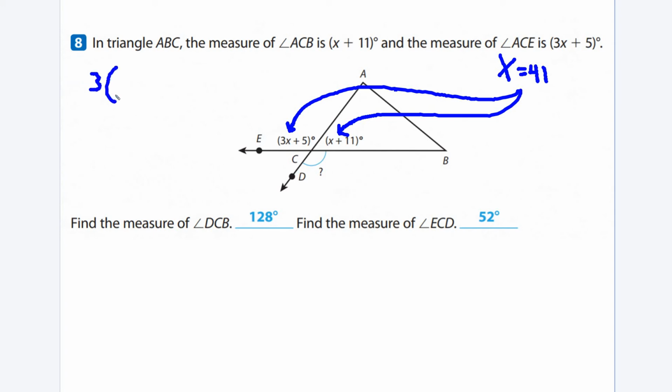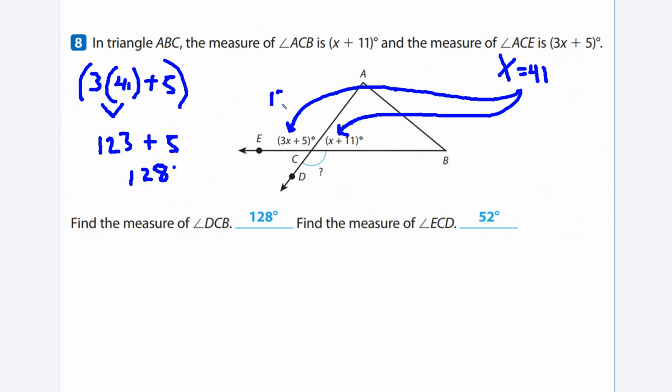So 3 times 41 plus 5, right? So let's do it out. 3 times 41 is 123 plus 5 will give us 128. So we know that this angle, angle ACE, is 128 degrees.